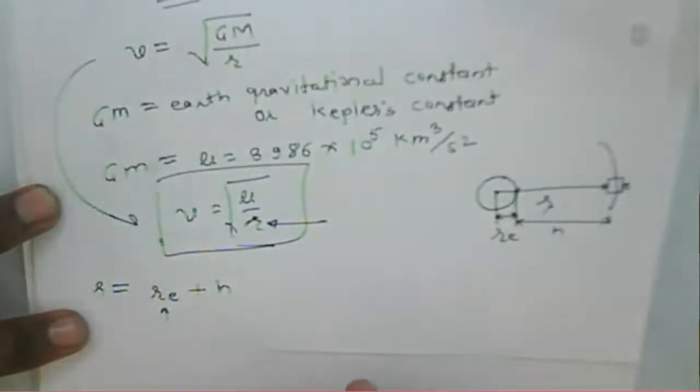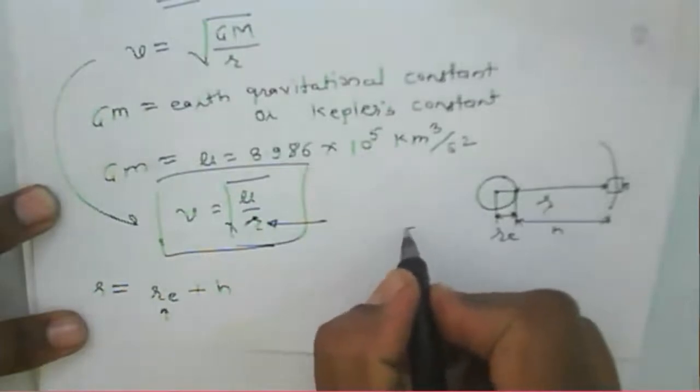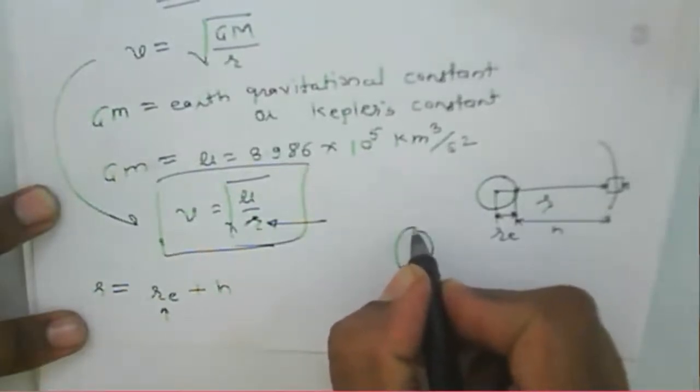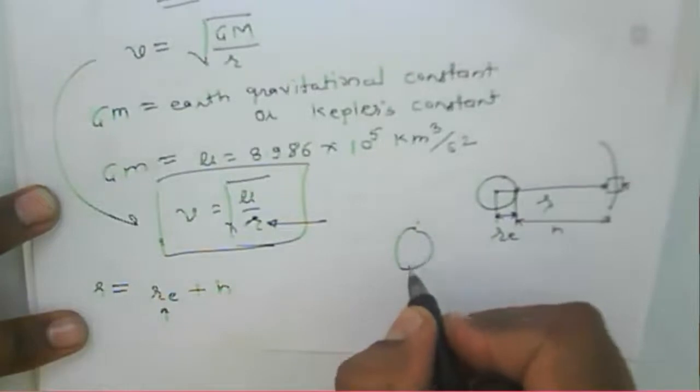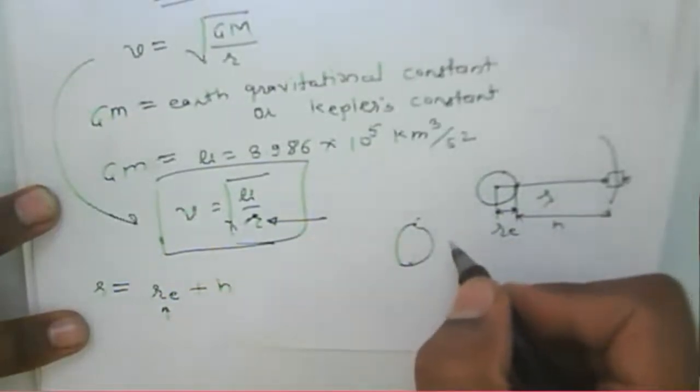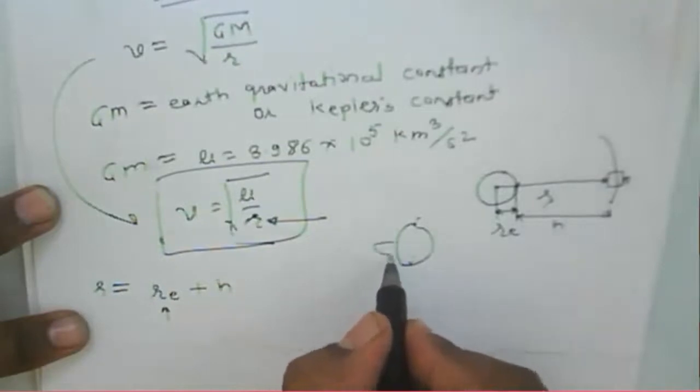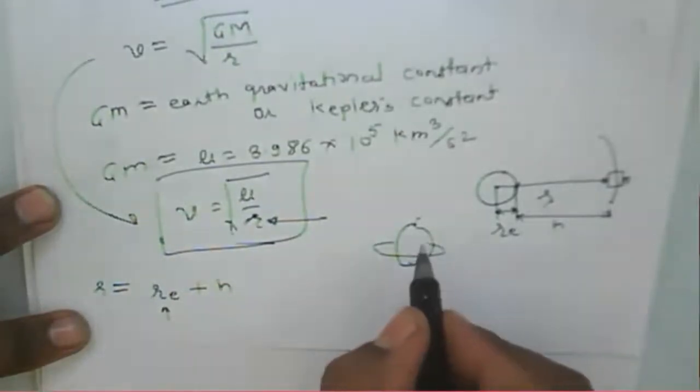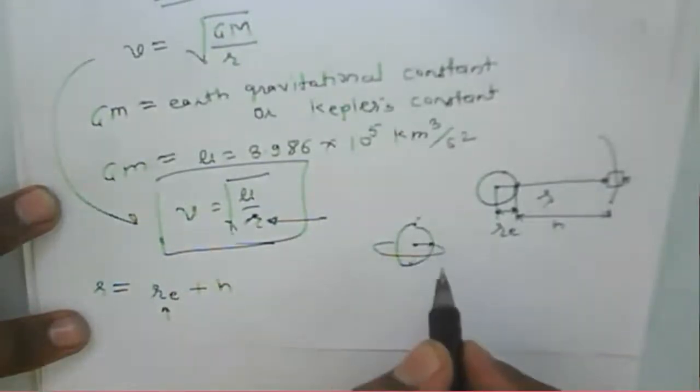Now for the radius of the earth, there are two ways we consider it. If we consider the polar orbit, from south to north, likewise north to south, that is the polar orbit, or the equatorial orbit.